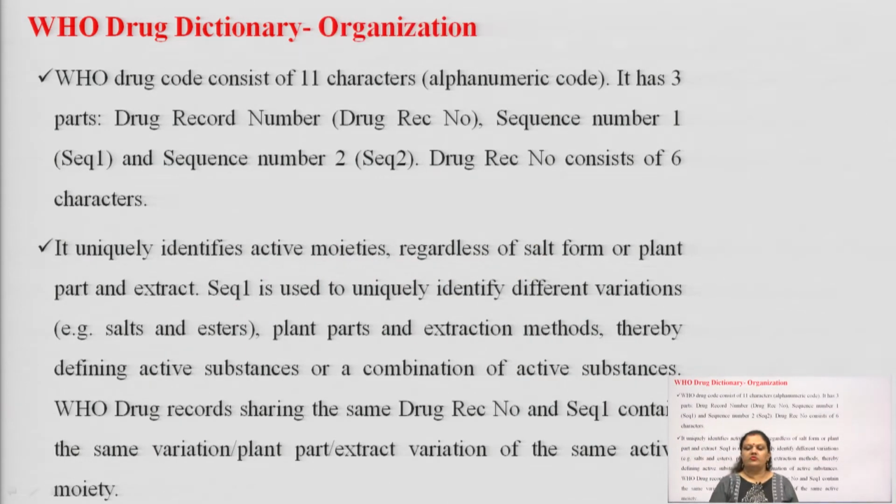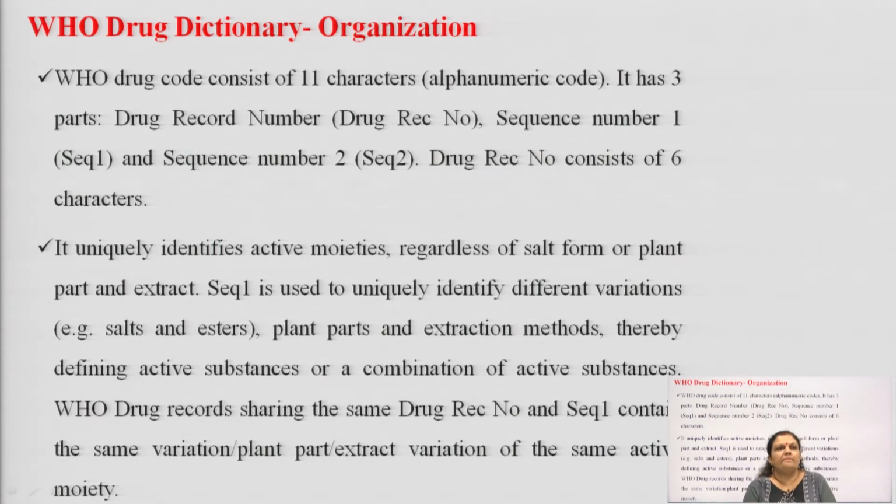Now, coming to the WHO drug dictionary organization. It is there in various coded forms. The WHO drug code consists of 11 characters, a total of 11 alphanumeric code for different diseases or classes of condition.